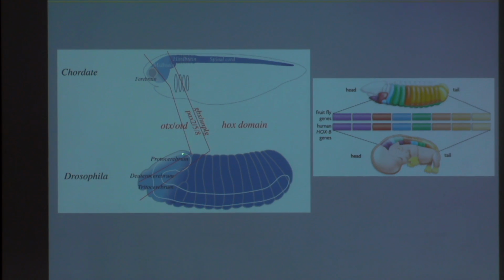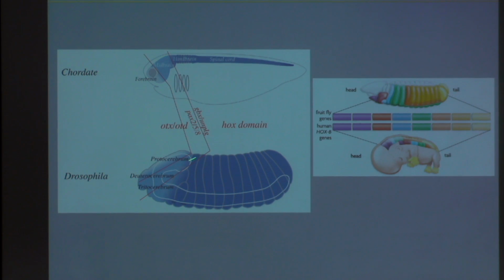So if you look at the protocerebrum, which is the anterior brain, the deuterocerebrum, the sort of middle brain area, and then the hind brain and spinal cord and nerve cord region, the genes that turn on the programs that define the anterior brain of Drosophila are the exact same genes that are involved in turning on the forebrain program in a chordate.